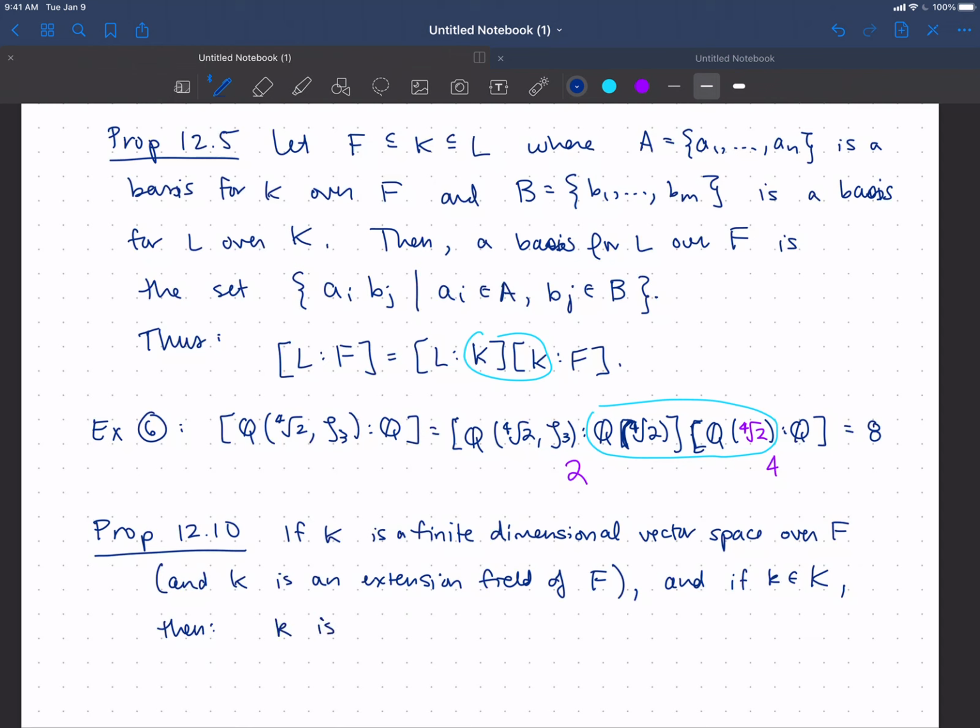Little k is algebraic over F. So every element in big K is the root of some polynomial with coefficients in F. That's what it means to be algebraic.